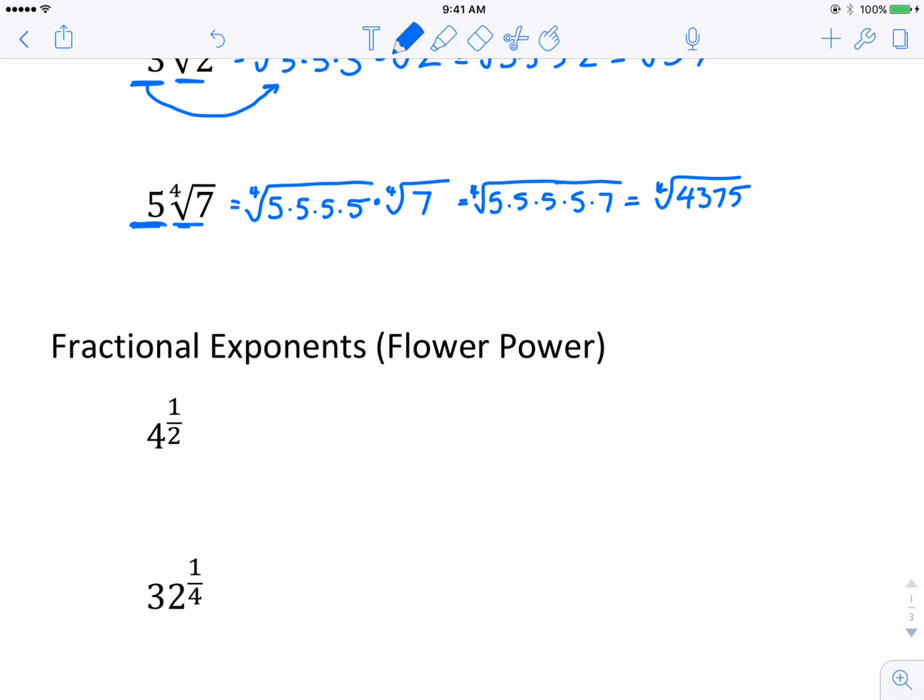I used to use, or I still kind of do mention, something termed flower power.